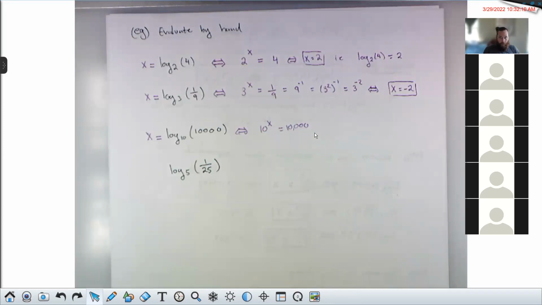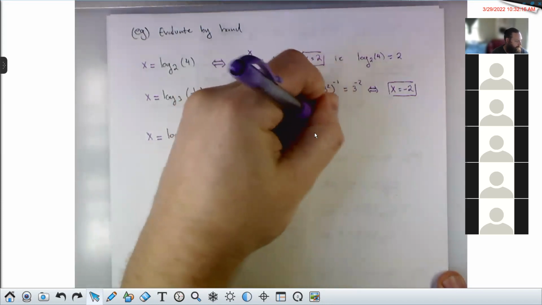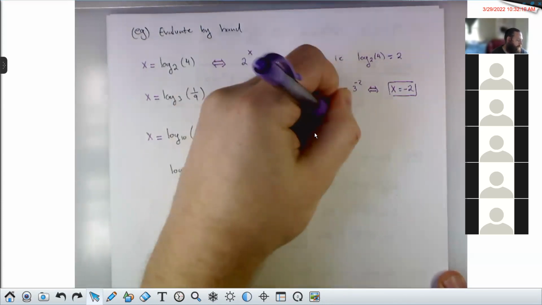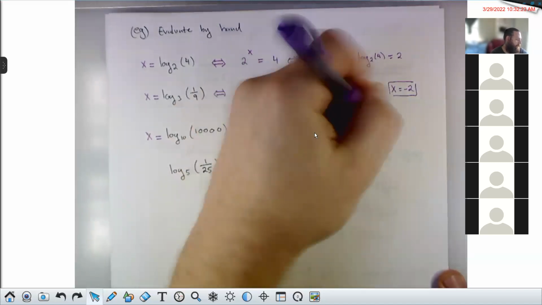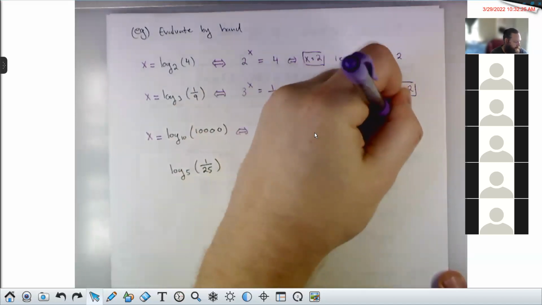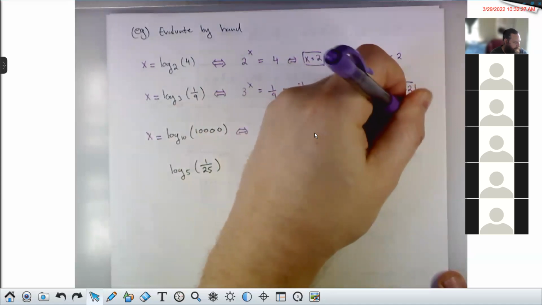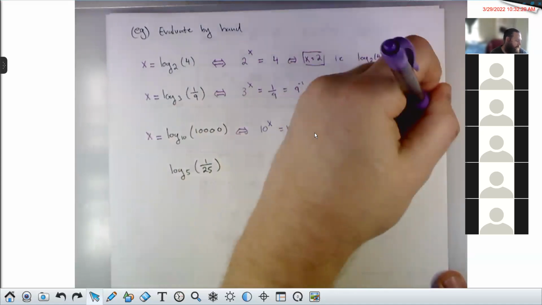So 10 to the 4, 10 times 10 times 10 times 10 is 10,000. So this means x here has to be 4. In other words, the base 10 log of 10,000 is 4.